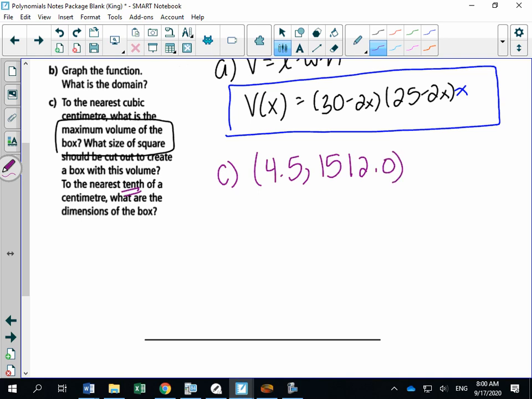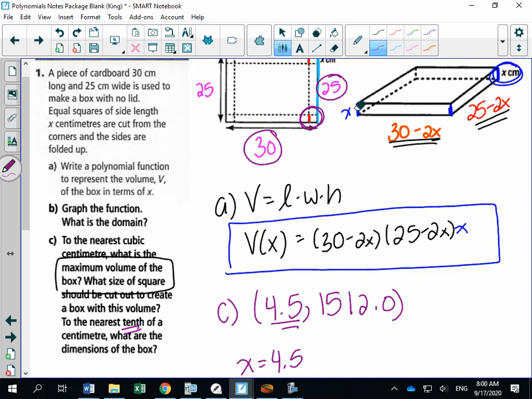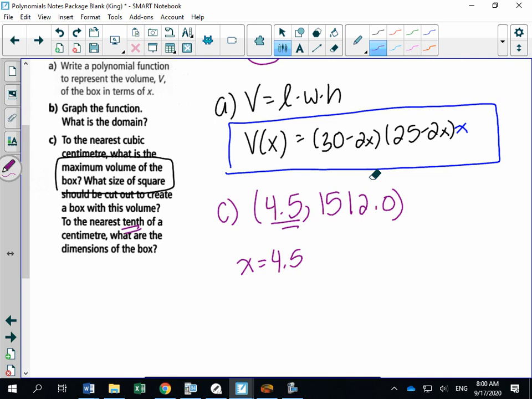Okay, so we know that this is our x value, and I'm going to write 4.5. If I go up to my units, the units are centimeters. So this height, I hope you could see, is going to be 4.5 centimeters.